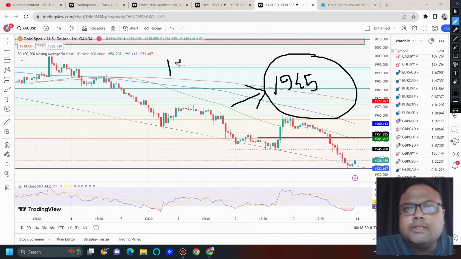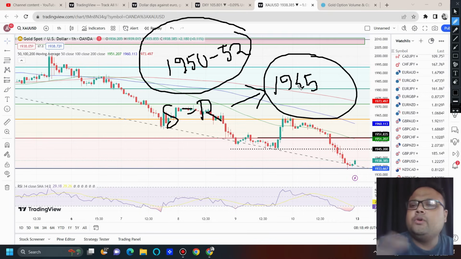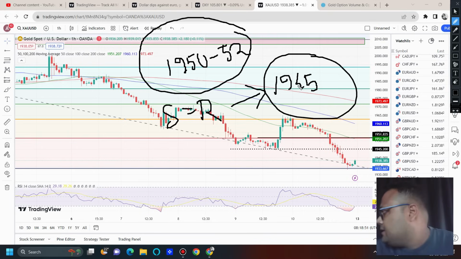Rather, look for a sell position around 1950 to 1952. Remember 1950 to 52? This was the support. So the same support will be working as resistance right now. 1945 may work as resistance if the volatility of the market is very low. Usually we don't get to see much volatility on Monday, so that's why I'm mentioning 1945.